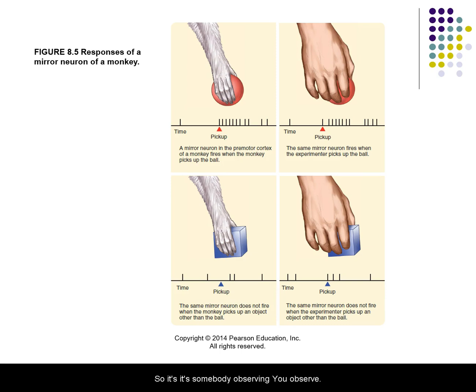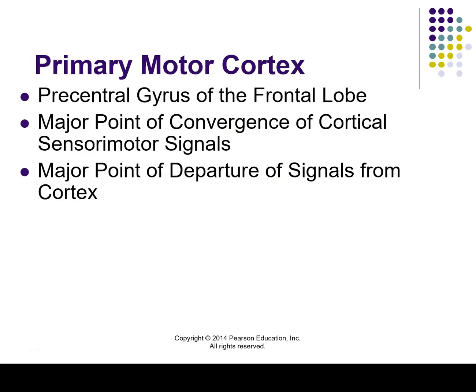Somebody is observing an action, an observable behavior of some sort, and the brain reacts in the same way as if you were doing it yourself. Bottom left, the same mirror neuron does not fire when the monkey picks up an object other than the ball. And finally, it does not fire when the experimenter picks up an object other than the ball. Very cool stuff there.